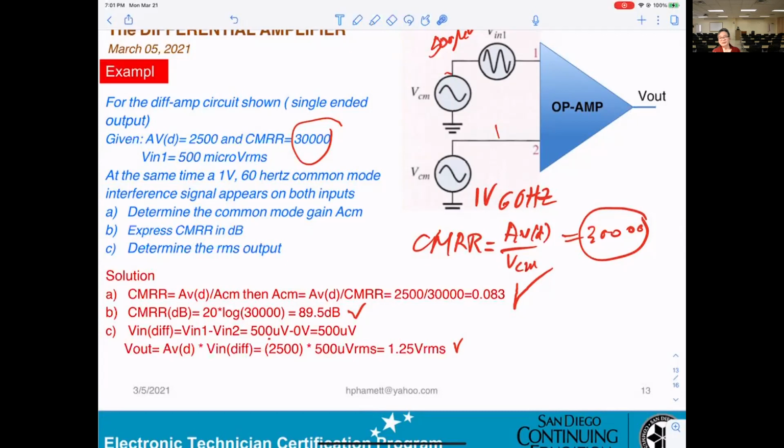The thing is both are AC. The only thing is one will be big and one will be small. So AC coupling and DC coupling don't make a difference. You must see the signal at the output. The output will be blocking the noise that affects both input 1 and 2.